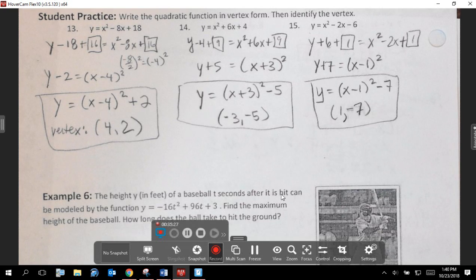So this is on Big Ideas. You have to go on Big Ideas and plug those in and see if they're right.